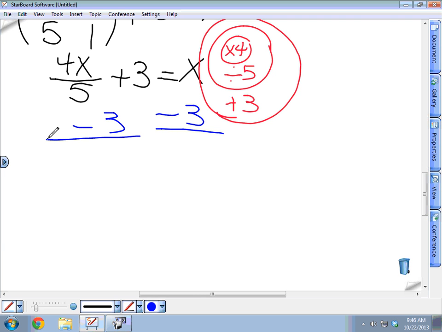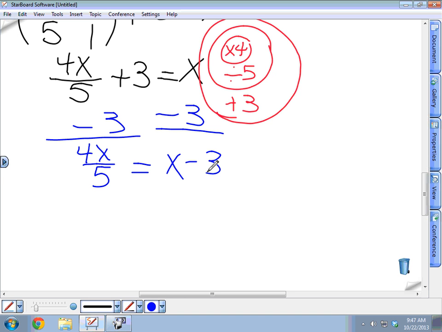And what will that leave me with, Felix? 4x over 5 equals x minus 3. What are you doing to your x? Subtracting 3. x minus 3.